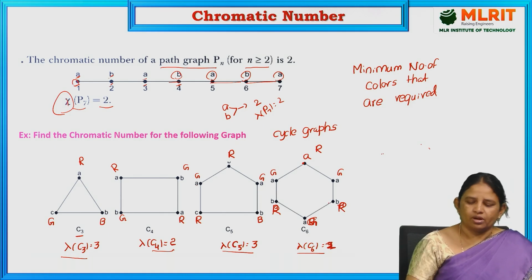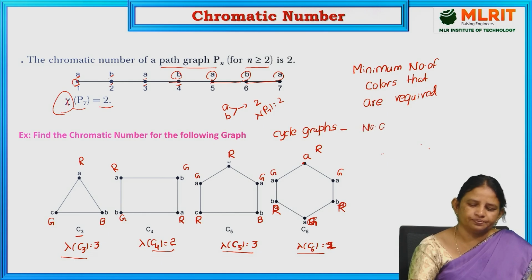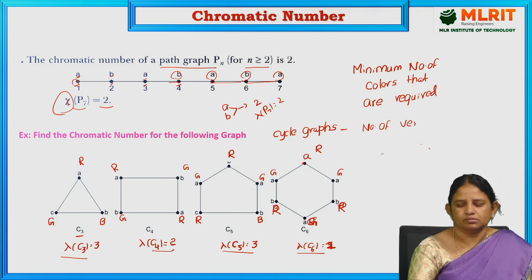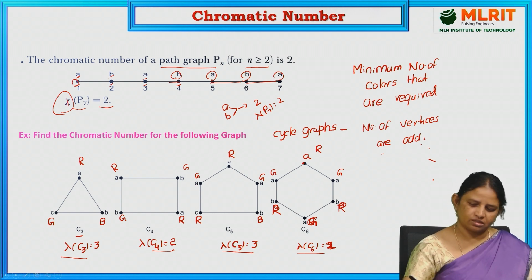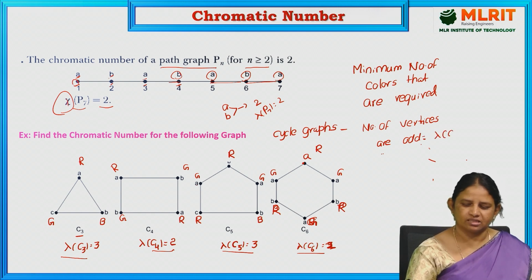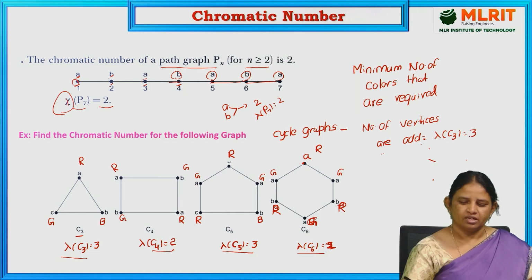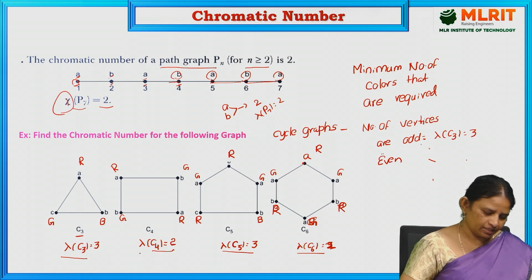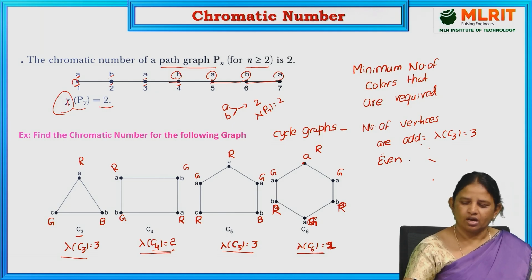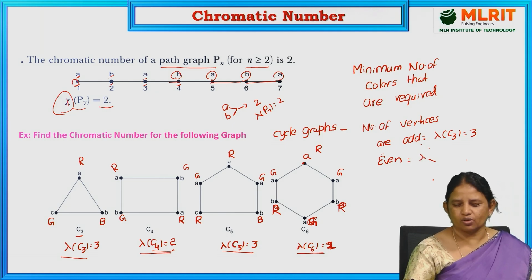So what we have to conclude is that for a cycle graph where the number of vertices is odd, that means the first graph with 3 vertices, the chromatic number is 3. If the number of vertices is even, as here, the chromatic number is 2.